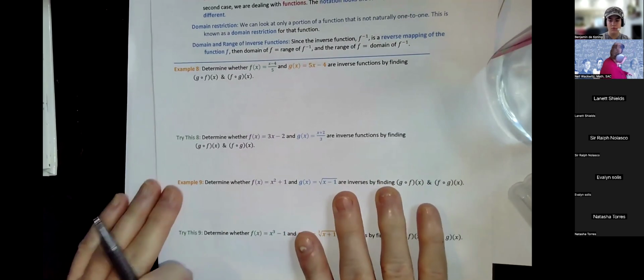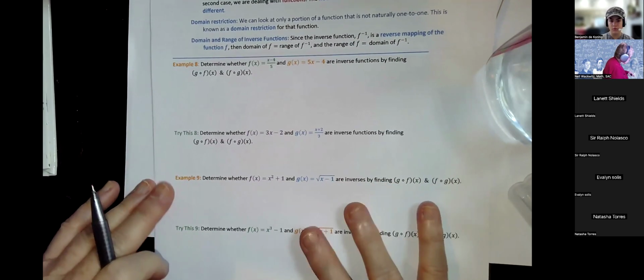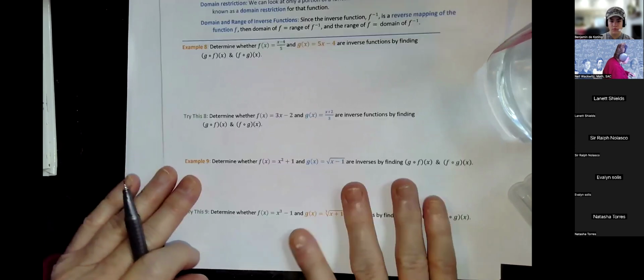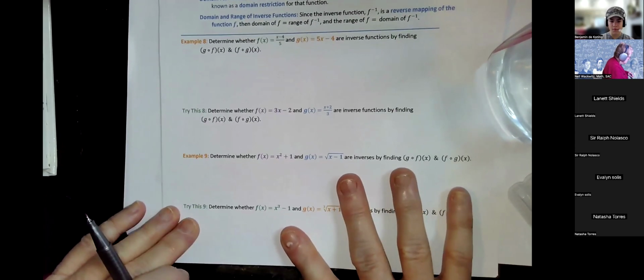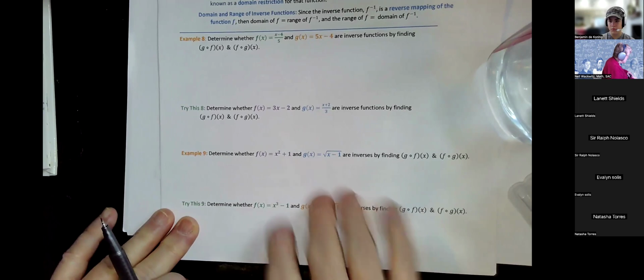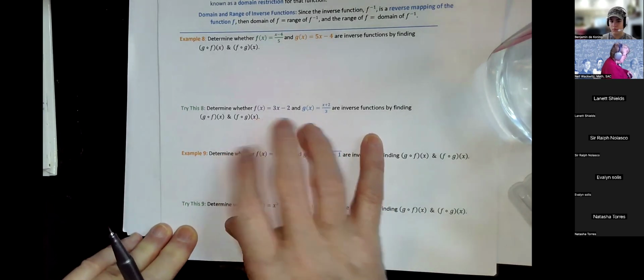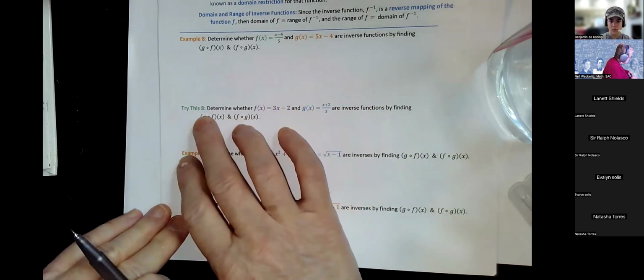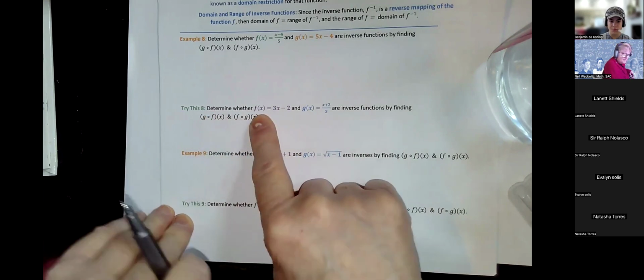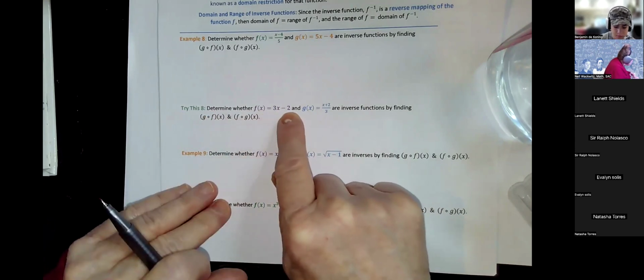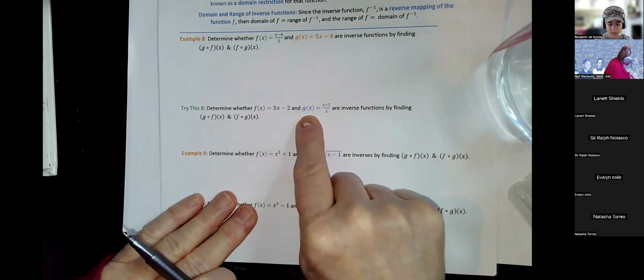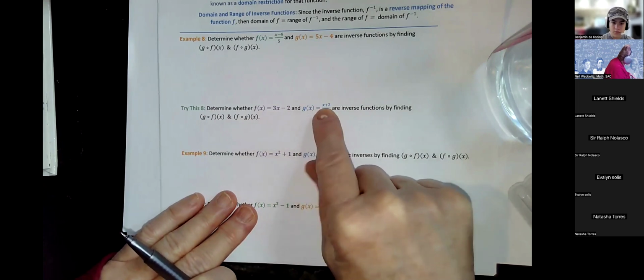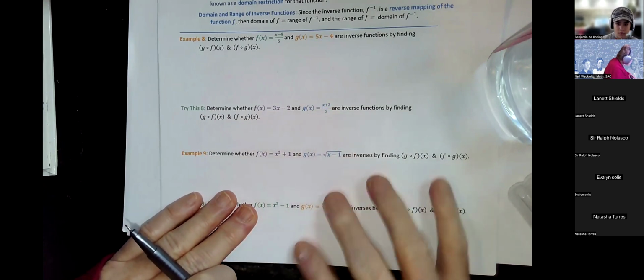We're going to skip a few of these examples and try this, only because we kind of went past that. So I do want you to go ahead and play with this. On the try this 8, you have f of x is equal to 3x minus 2. g of x is equal to x plus 2 over 3.